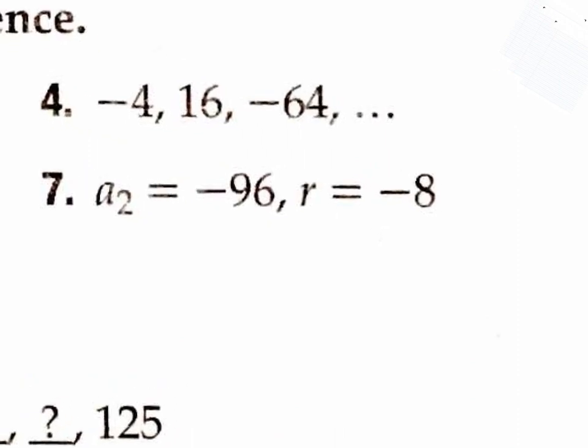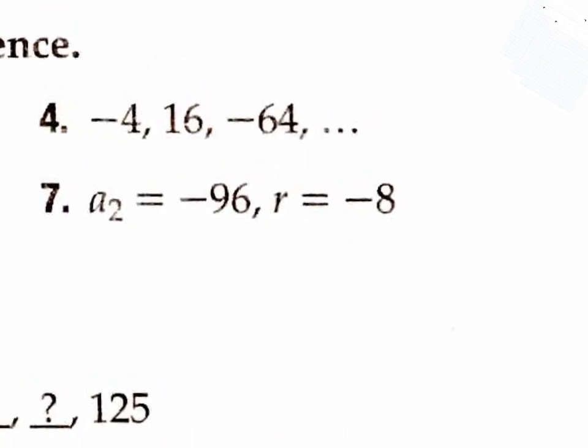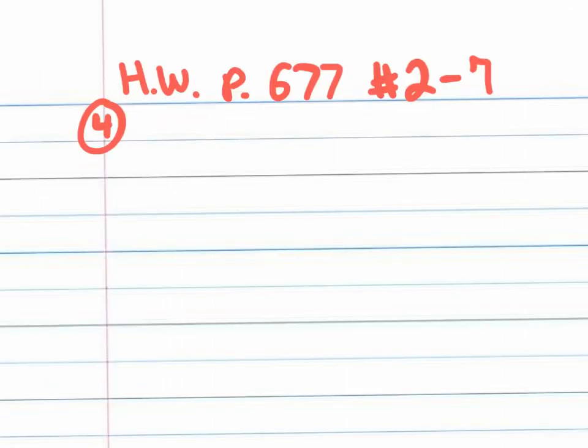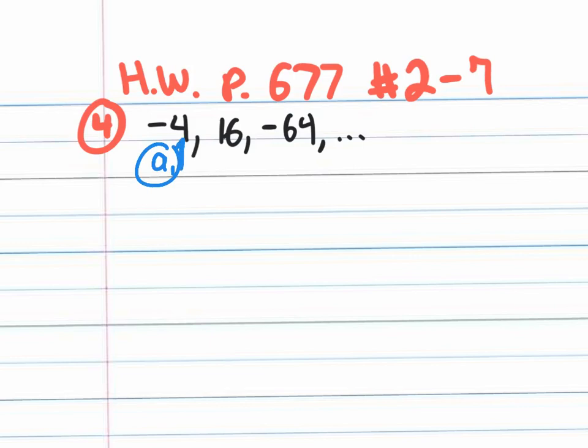That one's interesting. Okay. So they're telling us that it's a geometric sequence. They want us to write the a sub nth rule. So let's begin with this problem on number 4. So we know that the a sub 1 term is this guy right here, the negative 4. You know, let's write it over here. A sub 1 equals negative 4.